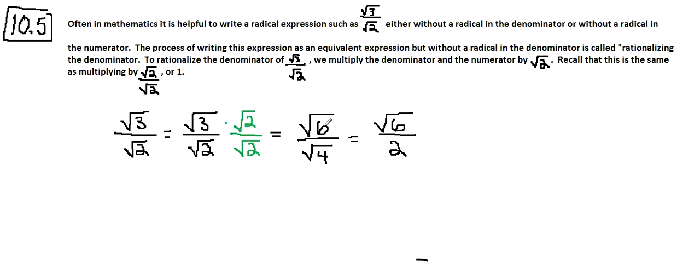Then we got the square root of 6, and then square root of 2 times the square root of 2 is the square root of 4. Kind of like an extra step there, but we know the square root of 4, which is a square number, simplifies to be 2. So I can't do any simplifying with the square root of 6, and so this is my answer here. Alright, and that's how we do that.